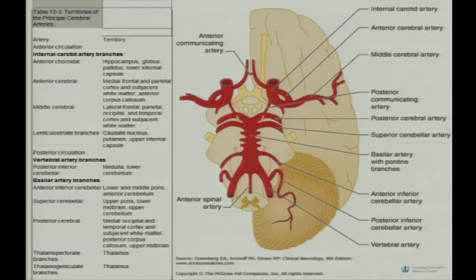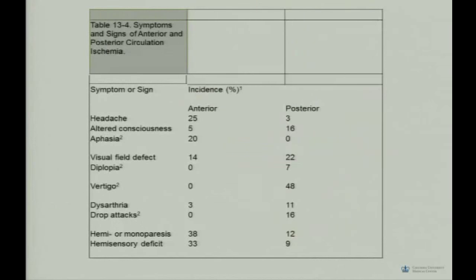Okay, and so you can see on this slide here we've got just branches of the cerebral circulation, arterial circulation, and the parts of the brain that they primarily perfuse. Okay, so depending on where the blockage is, it's going to affect a very particular part of the brain.